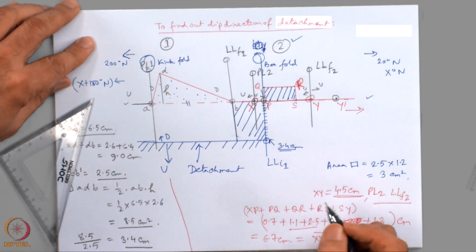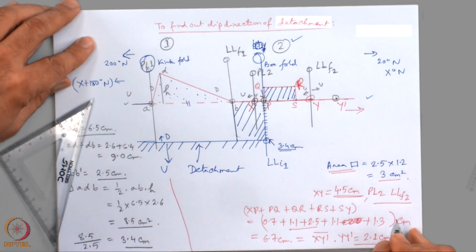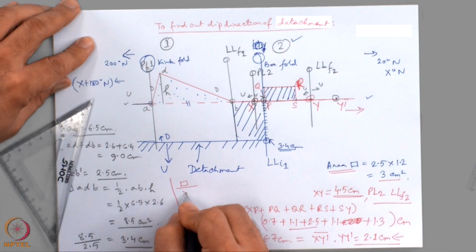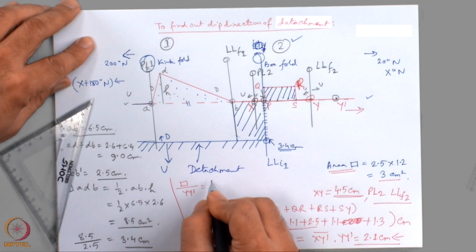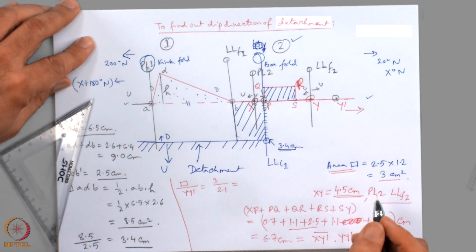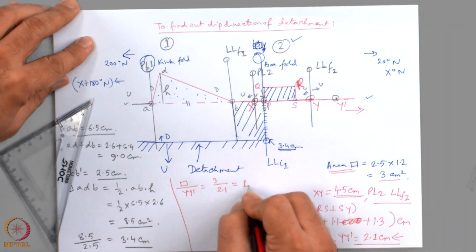Next, what to do? The area of the rectangle divided by this distance, rectangle area divided by Y dash distance, which is equal to 3 divided by 2.1, which is equal to 1.4 centimeter.